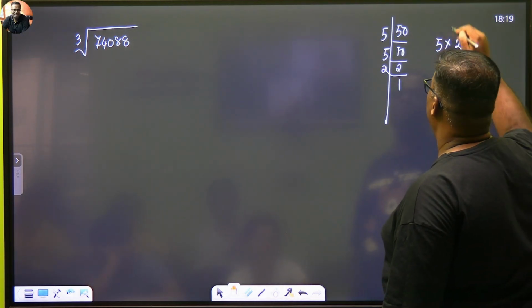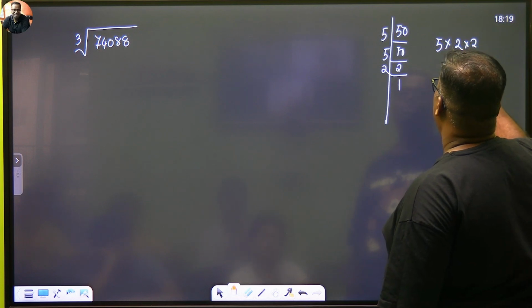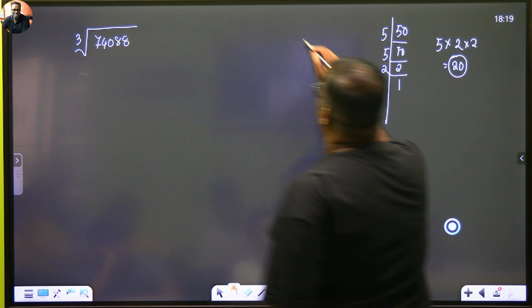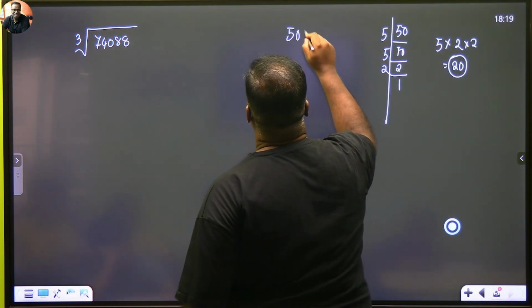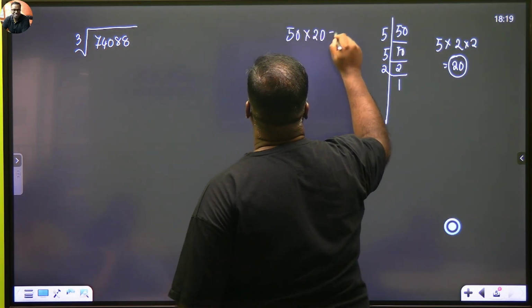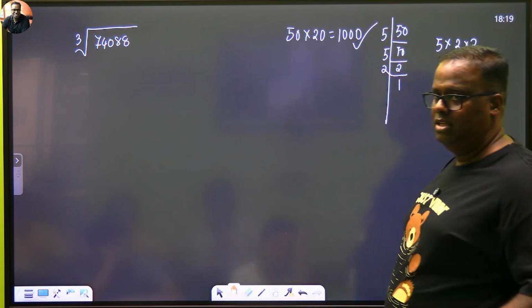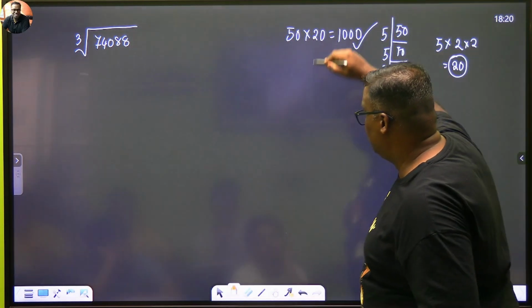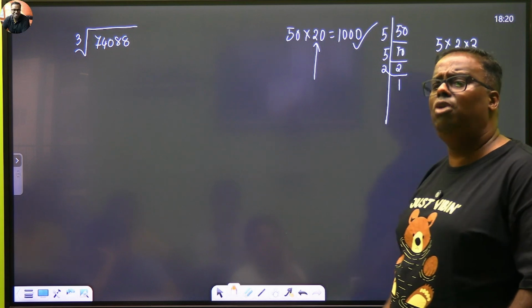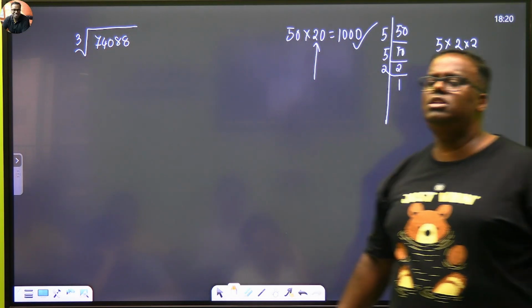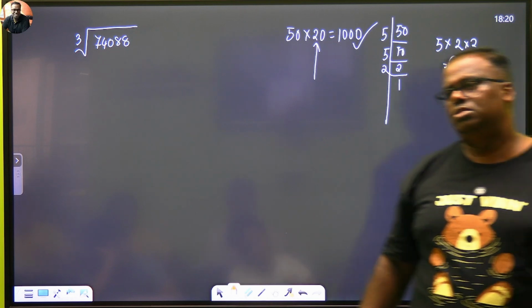Sorry, to make it a perfect cube. So 20 is the number that is missing. So if you multiply 50 with 20, what do you land up with? 1000, which is definitely a perfect cube. 20 will be contributed by what? 20 blocks. Each block is 50. He needs 20 more blocks to generate a cube.